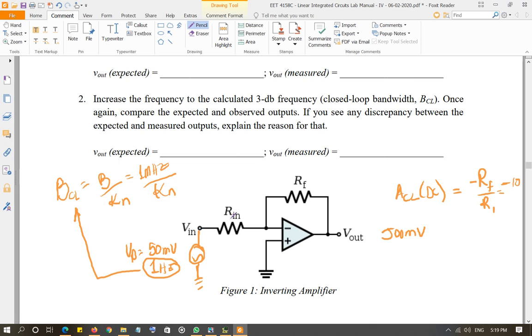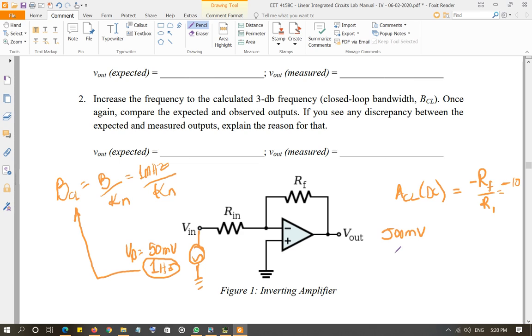And what do you expect at the output? Since there's a closed loop bandwidth, you expect that the output should be down to 70.7% of the peak value. So 500 millivolt is the peak value of the output at low frequency, at DC.